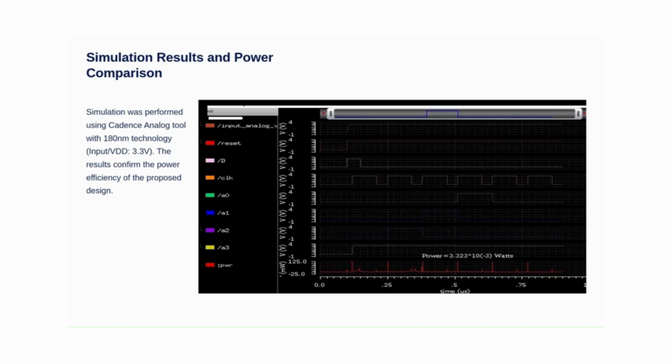This represents a huge reduction in power consumption, proving that the proposed approach is far more power efficient. We also compared it with a 45 nanometer design operating at 1 volt, and even then, our design performs competitively in terms of efficiency for the same resolution of 4 bits.